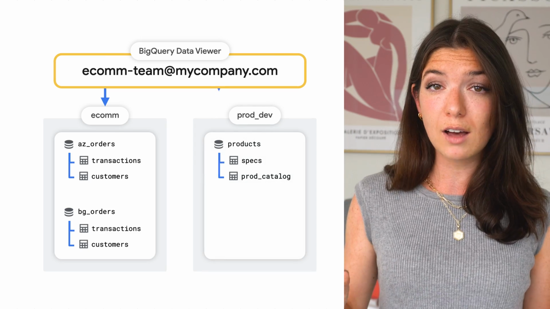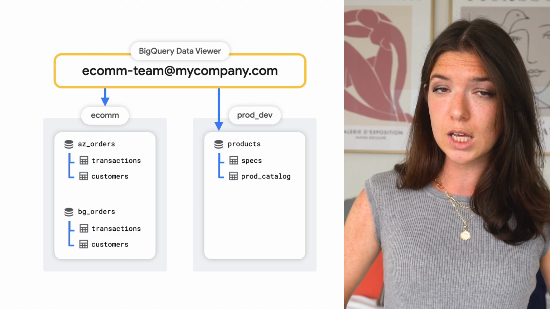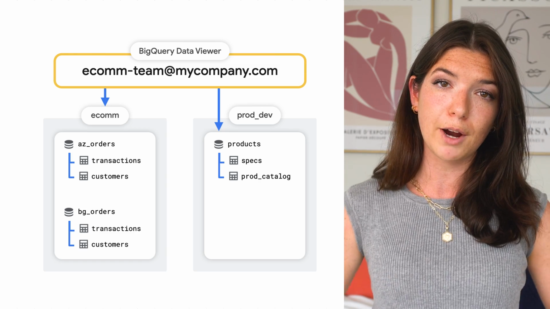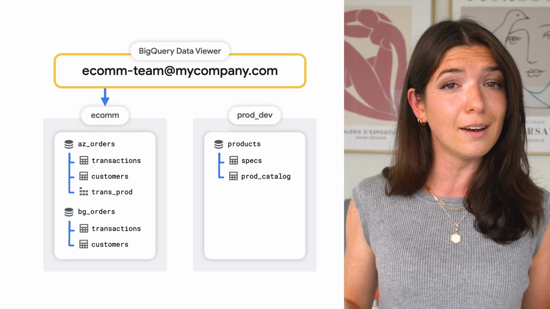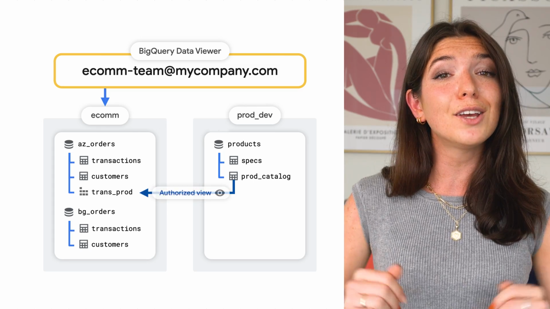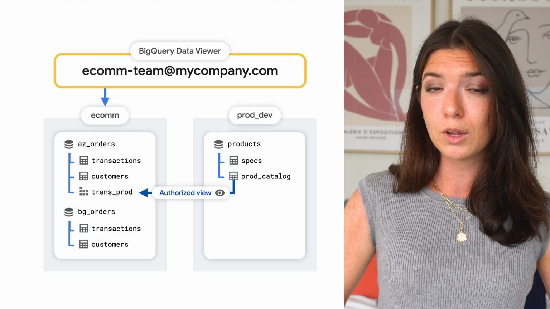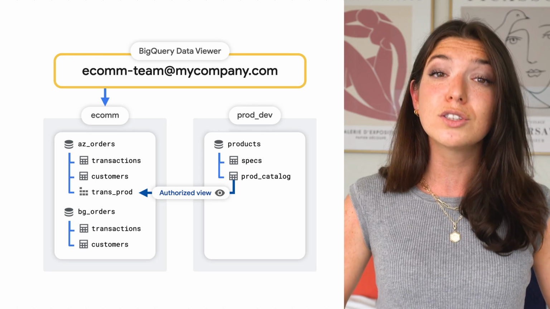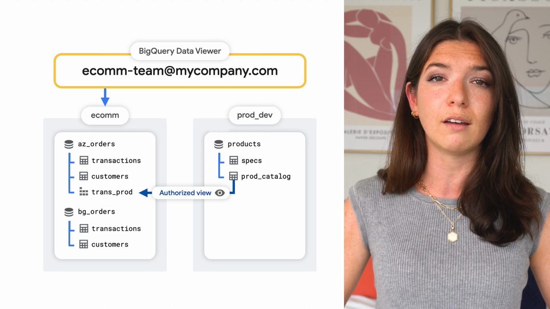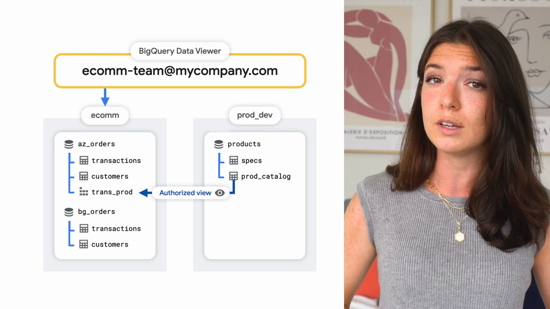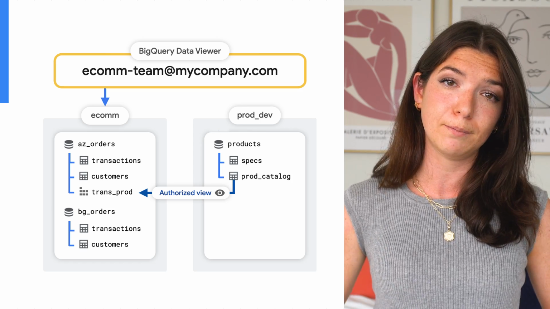Now, someone on the e-commerce team needs data from a different team, like the product development department. You may be inclined to just grant them access to that dataset. Instead, you could use an authorized view or an authorized UDF so that your e-commerce analyst can get limited access to product data while still keeping more manageable team-to-project permissions.